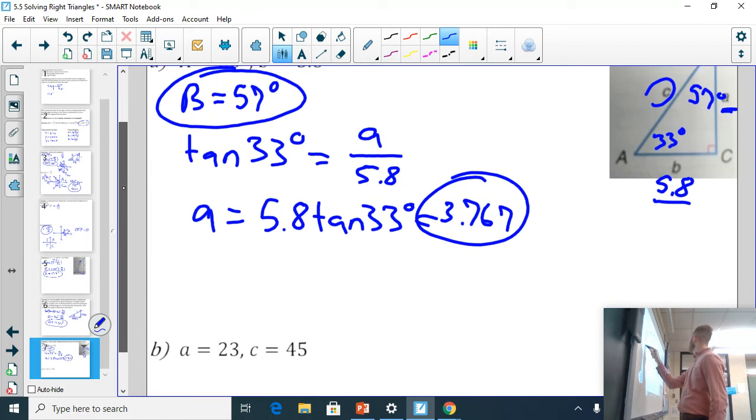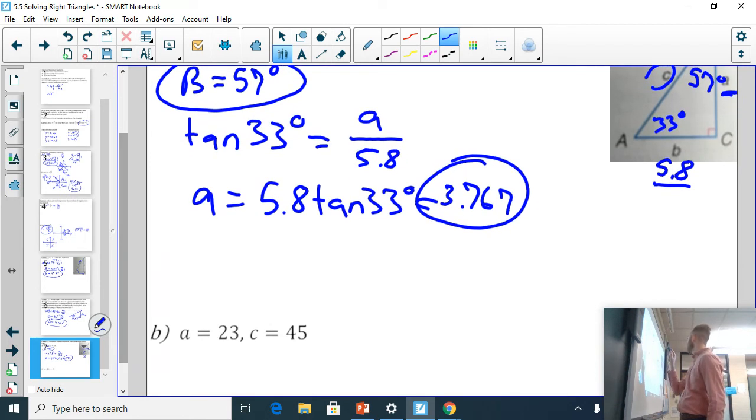I want to use, let's use 33 degrees again. And then we know 5.8 is more accurate than 3.767. So let's do the one that involves adjacent and hypotenuse, which would be cosine.